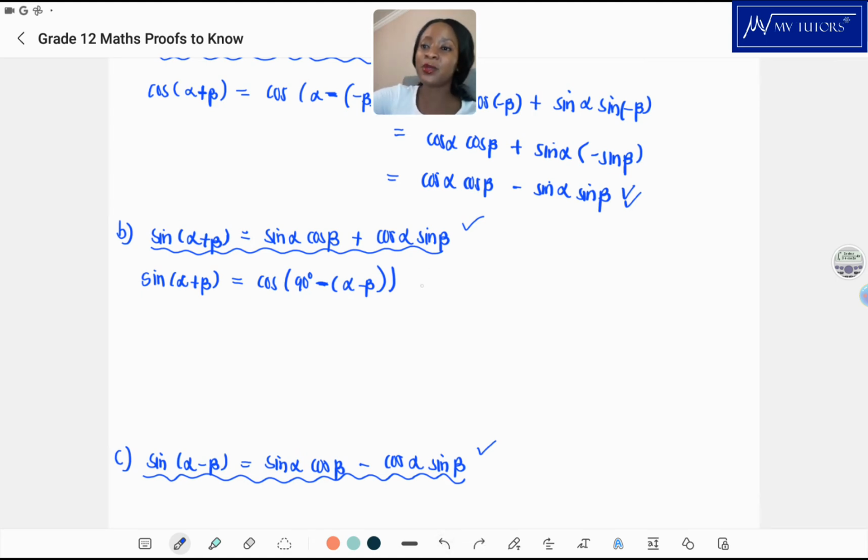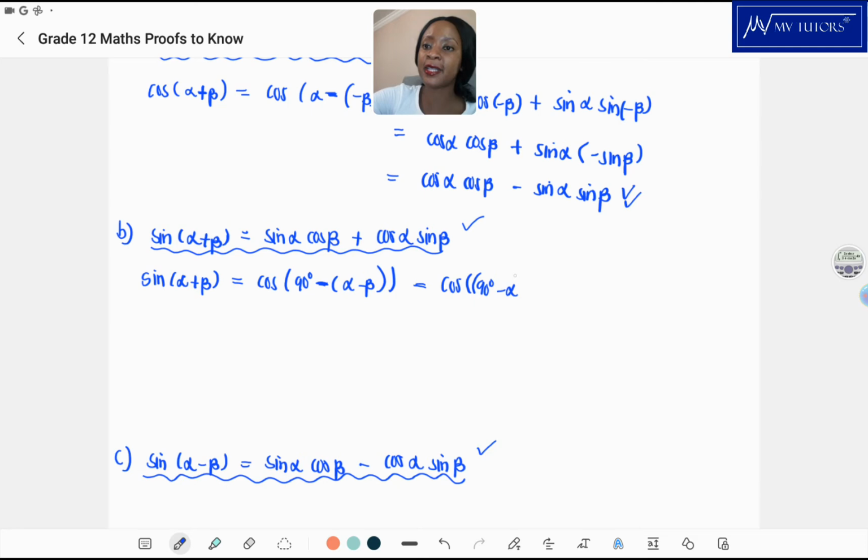So if I were to do that, what would happen? Let me multiply it out. So I have cos 90 minus alpha.